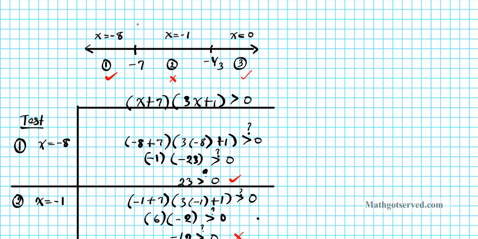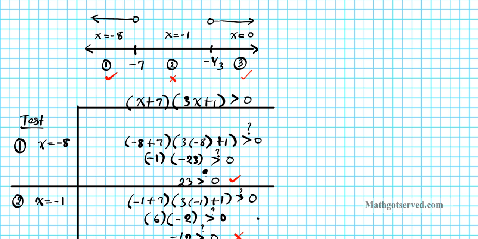It tells us the solution set, remember, the boundary points are not included in the solution region, so we have an open circle here, going to the left, and then another open circle here, going to the right.